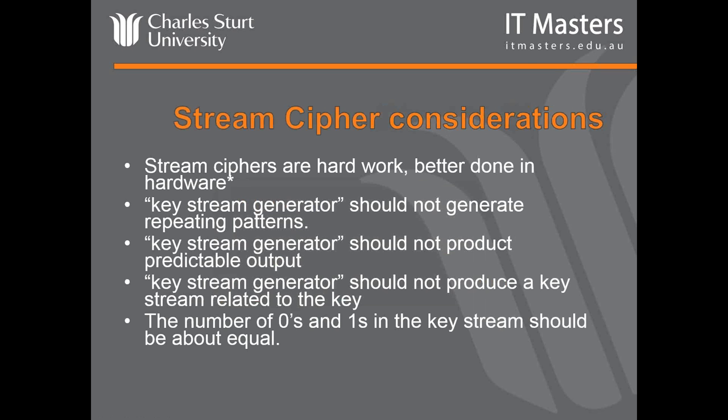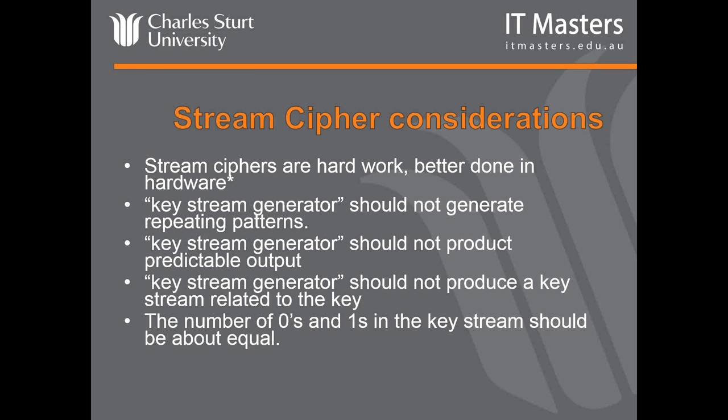Stream ciphers are hard work. These are things that should be done in hardware. Coding them into something like a computer is difficult. That's why some of the modern processors have specialized AES instructions in them now, or you can even buy crypto cards. The key stream generator should not have repeating patterns.